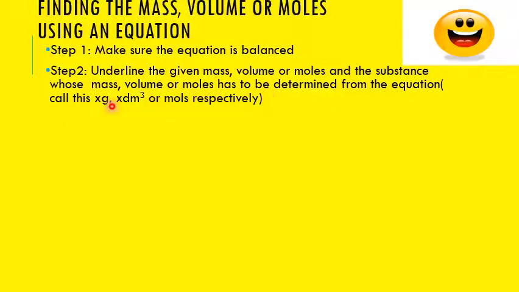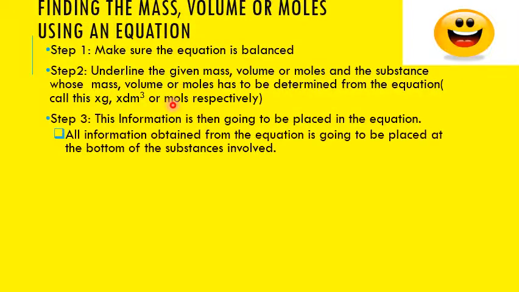And then we're going to call this X, but we have to give it a unit. If it's mass, you give it the unit grams, volume, dm cube, or moles, if it's moles. The next thing you have to remember is that all information obtained from the equation is going to be placed at the bottom of the substances.